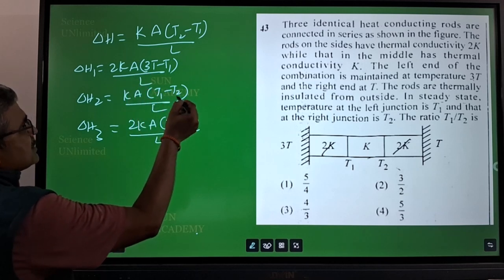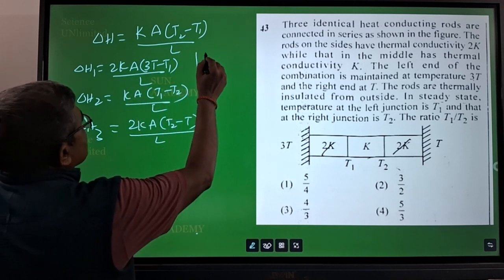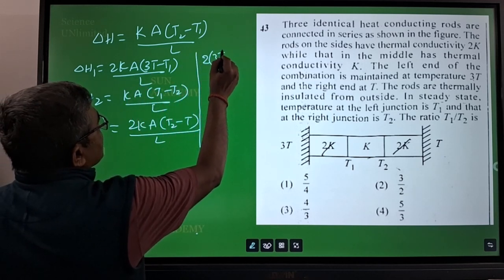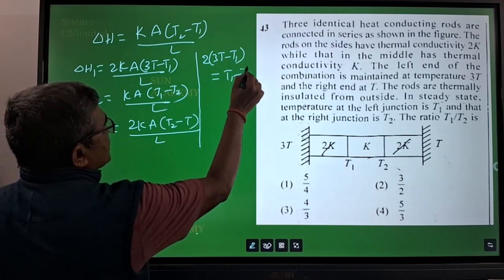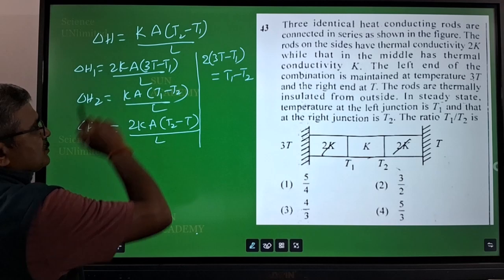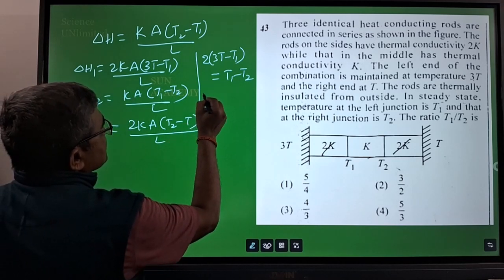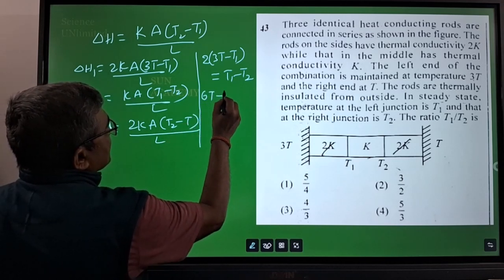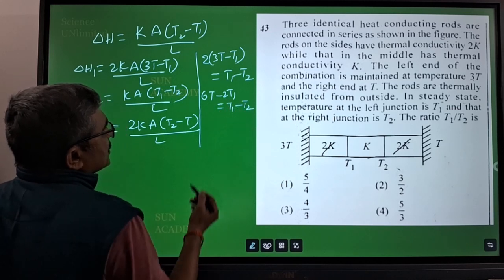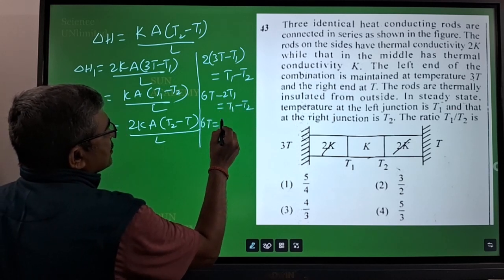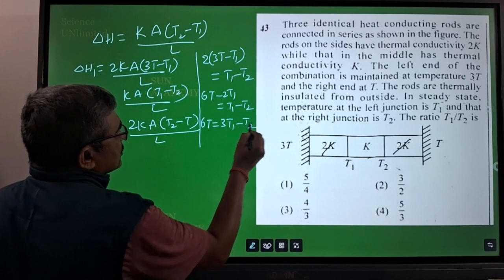By equating them, we get a relation: 2 times (3T minus T1) is equal to T1 minus T2, if you compare the first two. Next, from this we have 6T minus 2T1 equal to T1 minus T2. So overall, 6T is equal to 3T1 minus T2.